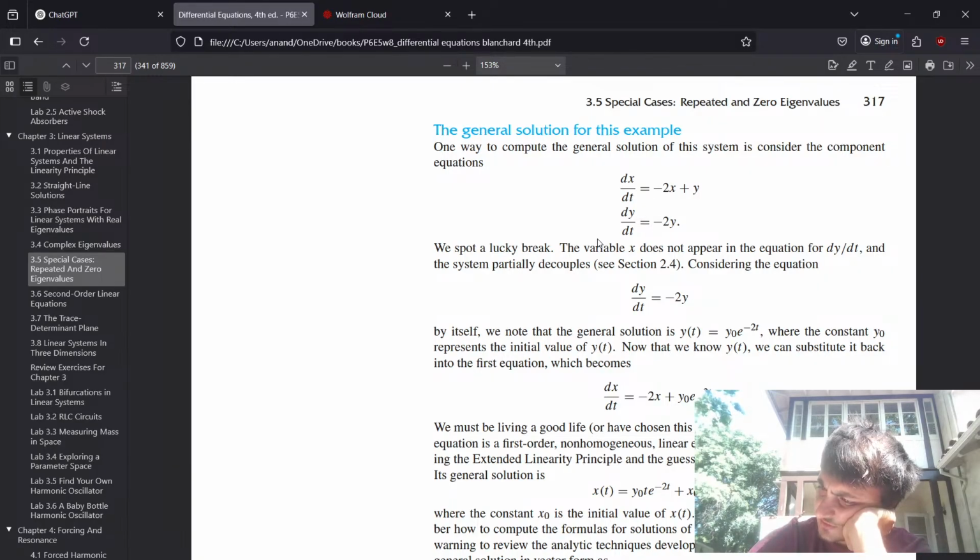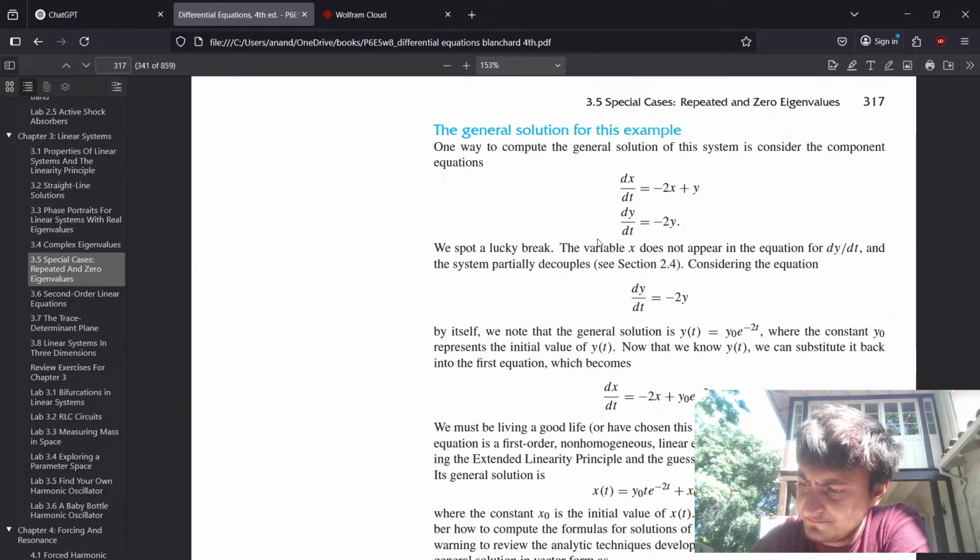So y is equal to c e to the minus 2t. Let's call that c2 or something. So if we plug in, we get x prime is equal to minus 2x plus c2 e to the minus 2t.